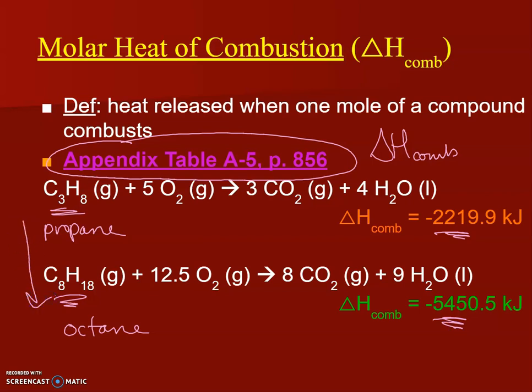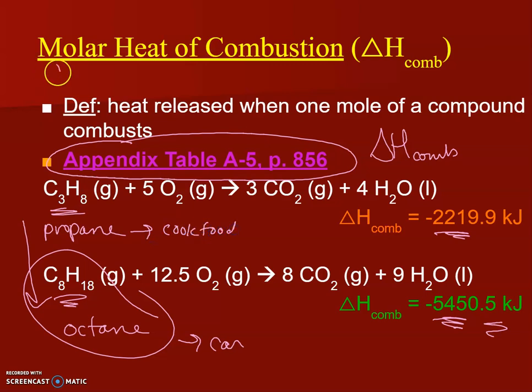So the larger your hydrocarbons are, the more energy is released, which should make sense, which is why we use octane to power a car and why we use propane to cook food. When we're indoors, we use methane in our Bunsen burners because it has the lowest delta H of combustion, because we don't want to make too much heat inside. You shouldn't use propane or octane or any other kind of jet fuel inside. So that is our Hess's law and our heats of combustion.